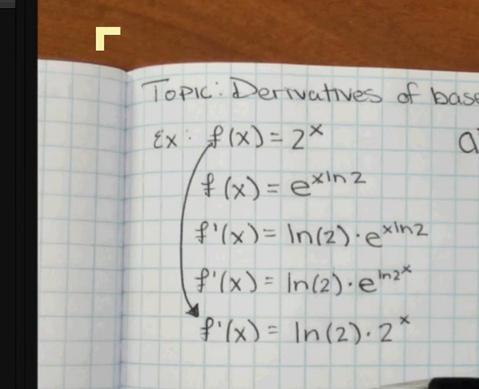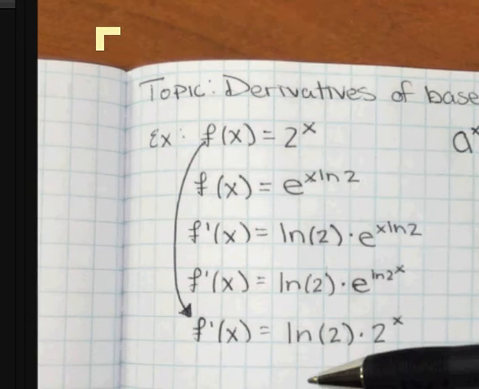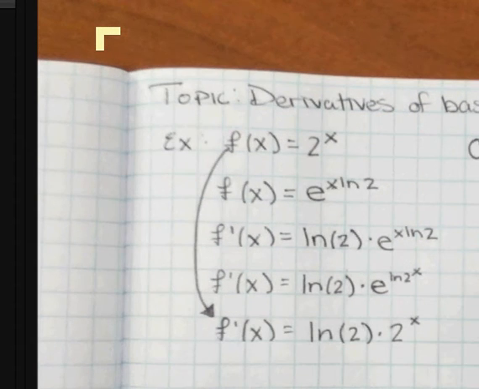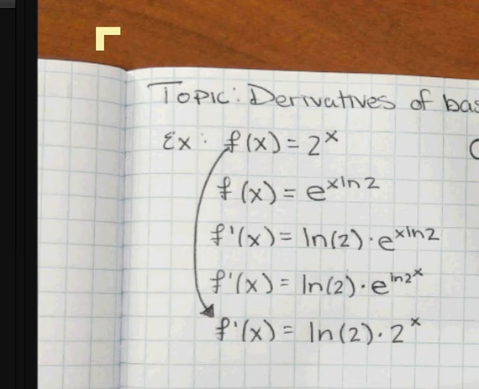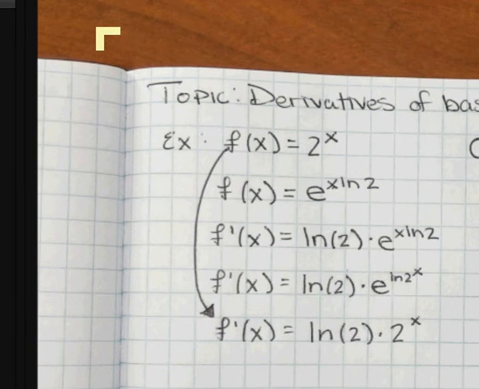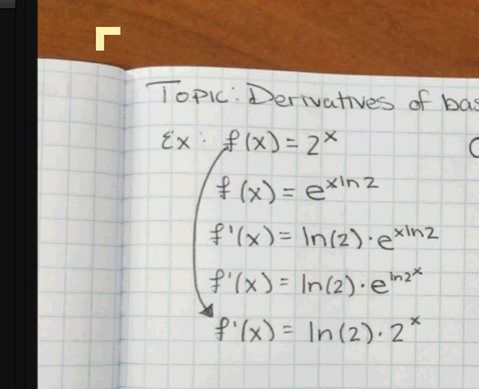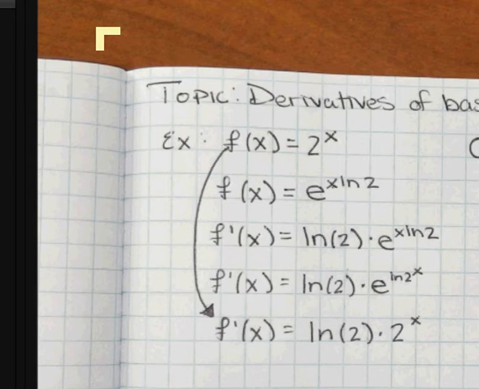Okay? But technically, what I want you guys to understand, and this is what you're going to use today, is that if f of u is equal to a to the u, f prime of u is equal to d dx of u times the natural log of a times a to the u.